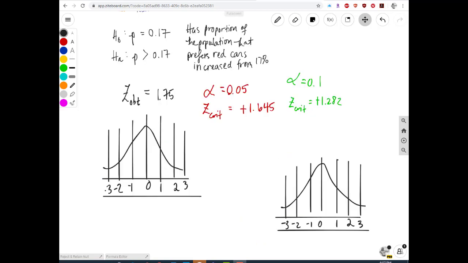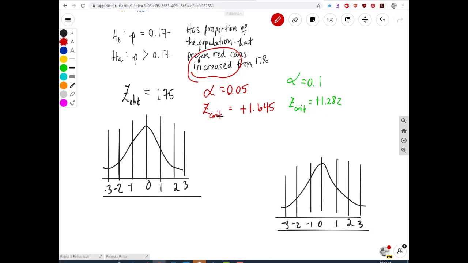So here I've written everything again. This time the alternate hypothesis is asking the question, has the proportion of the population that prefers red cars increased? So this time it says increased from 17%. And we can see that here our alternative hypothesis has the greater than symbol. To save time, I've done the same thing.